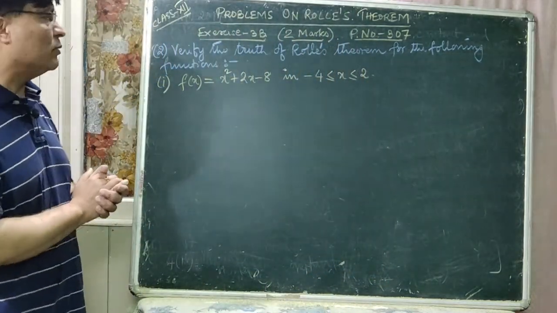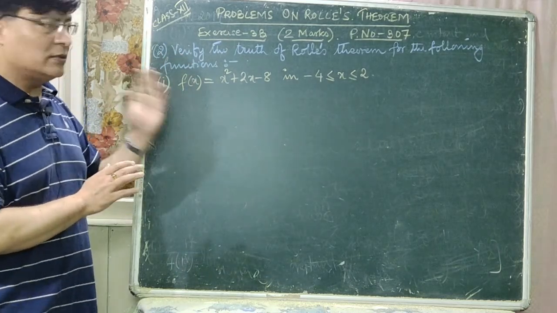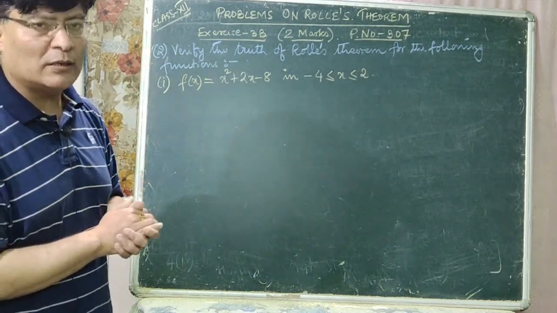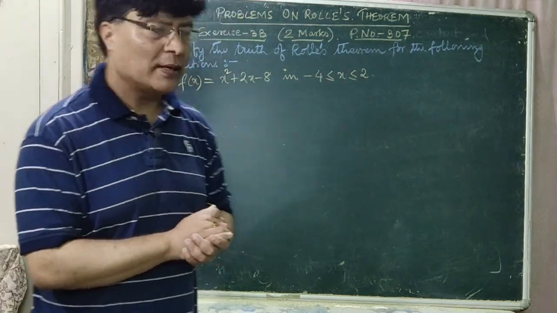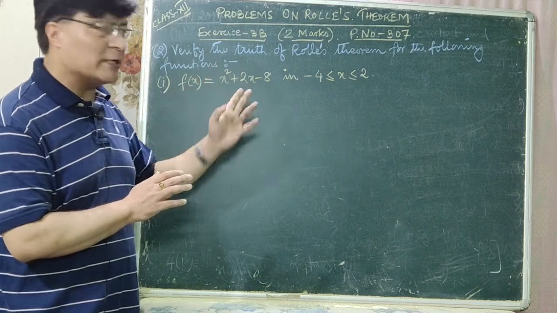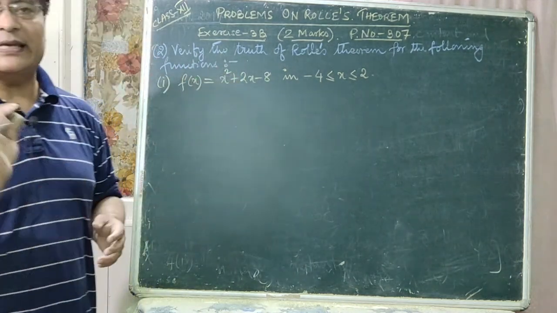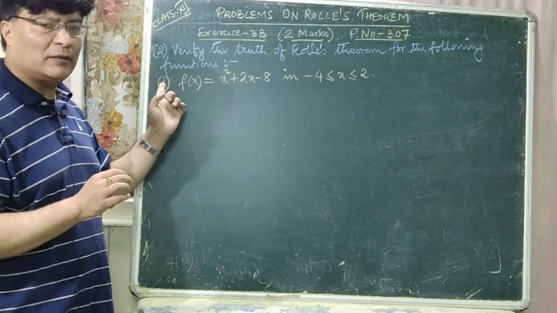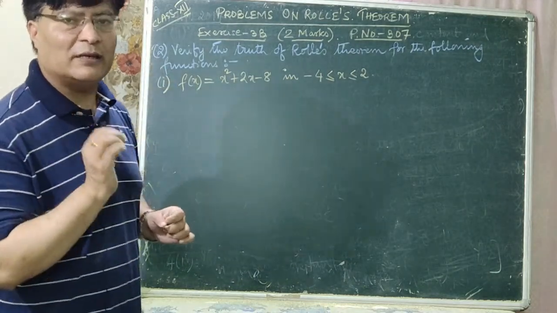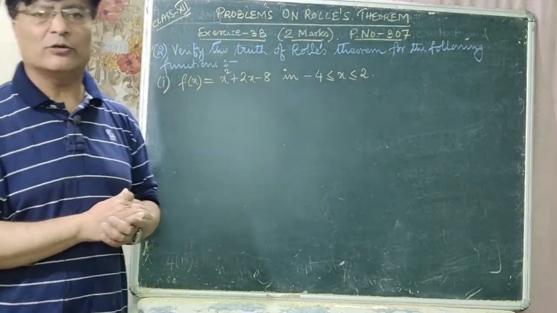Okay, so now since this is an algebraic expression, that is, this is polynomial of degree 2, this function of x is continuous and differentiable in the given interval. Okay, that is minus 4 less than or equal to x less than or equal to 2.